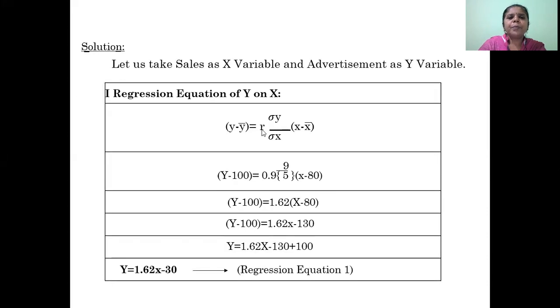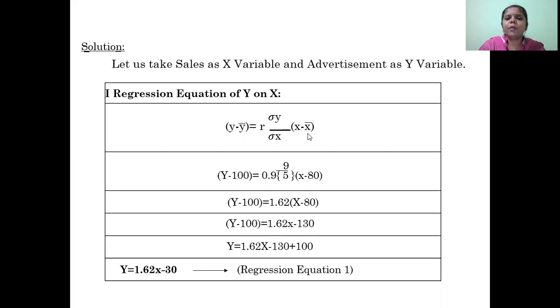Okay, students. Let us take sales as x variable and advertisement as y variable. First we will compute the regression equation y on x. For that, the formula is y minus y mean is equal to correlation times standard deviation y divided by standard deviation x, times x minus x mean.